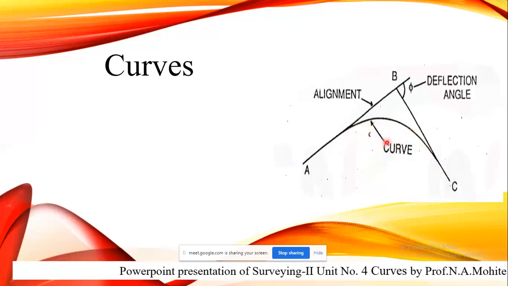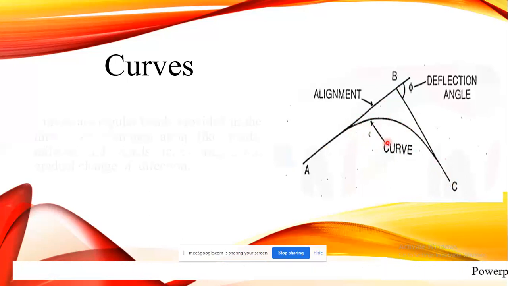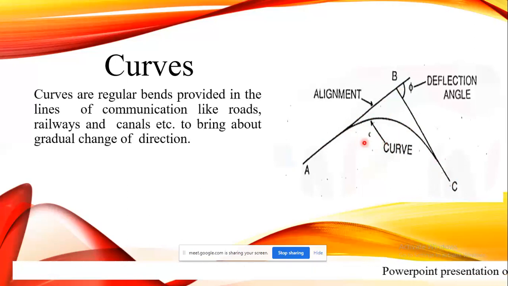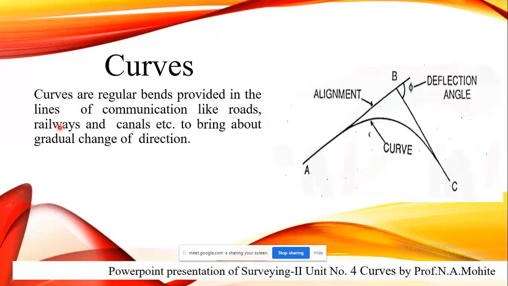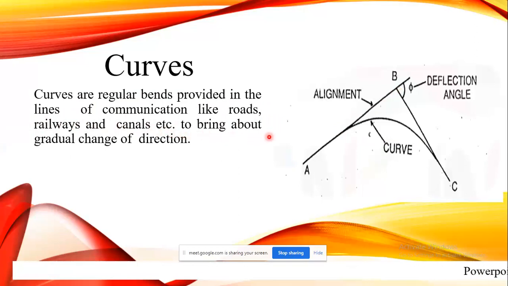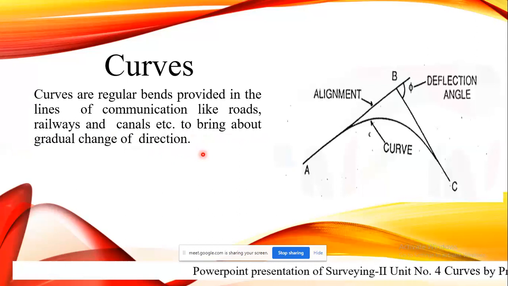That arc is what you call a curve. So the curves are regular bends provided in the lines of communication like roads, railways, and canals, etc., to bring about gradual change of direction. That is what we have talked about right now.